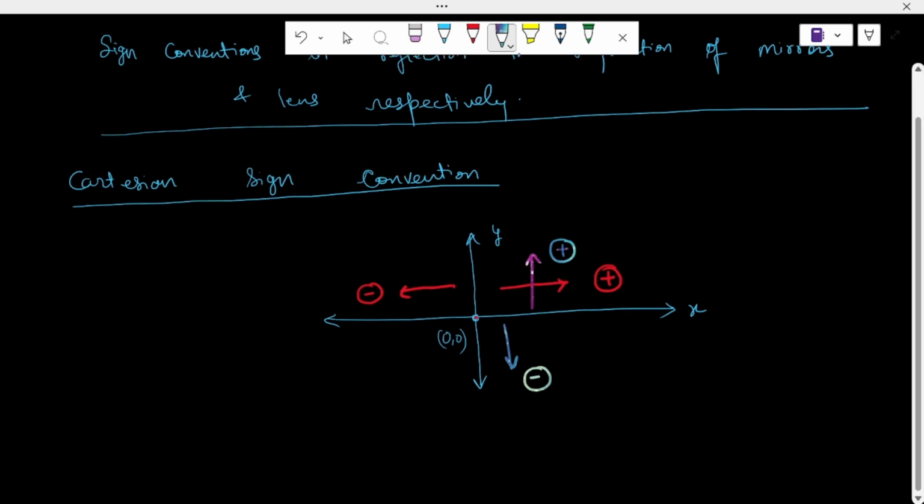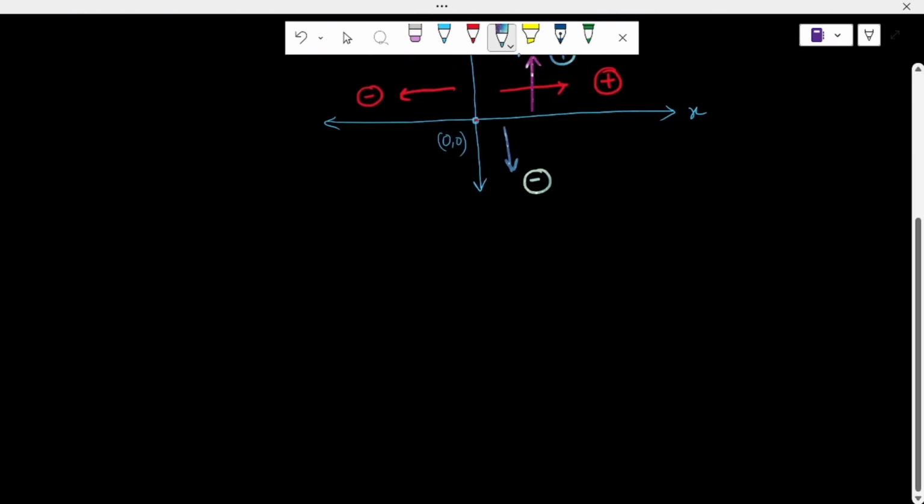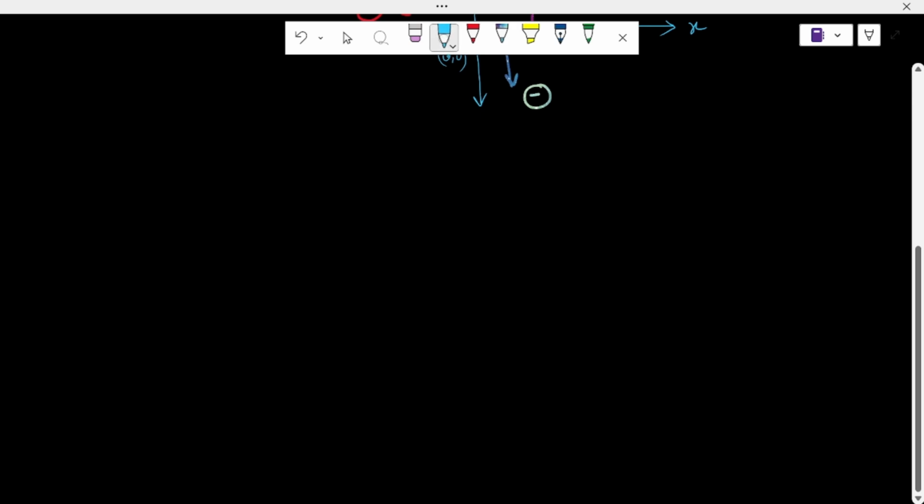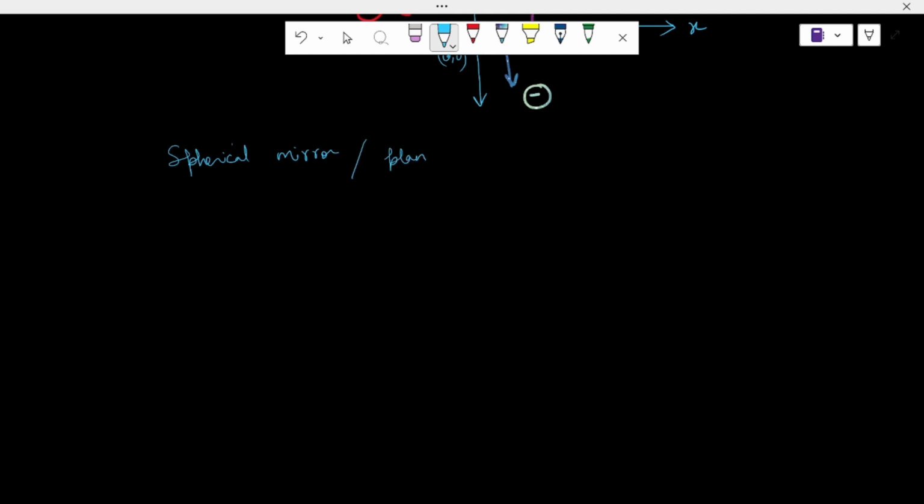In a similar manner, if I take any mirror, of course we are talking about a spherical mirror or even plane mirror, it also follows the mirror formula. Suppose this is any plane mirror, and this is its principal axis.